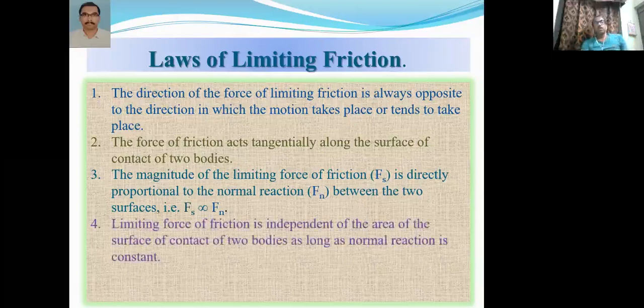Number 4. The limiting force of friction is independent of the area of the surface of contact of two bodies as long as the normal reaction is constant. That is, if we do not replace the bodies with ones which have more weight or more mass, then the limiting force of friction is independent of its area of contact.